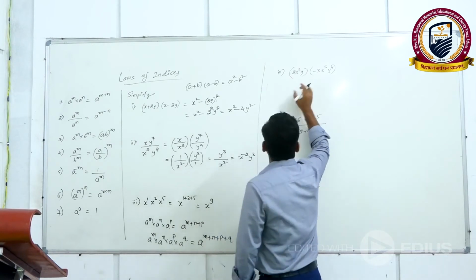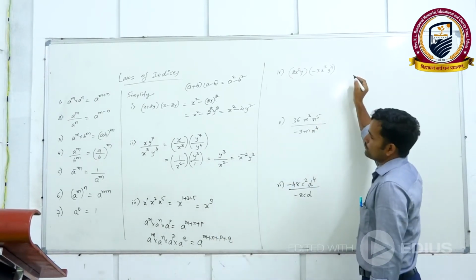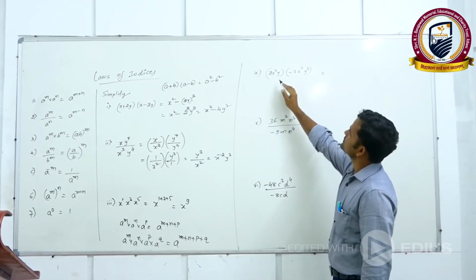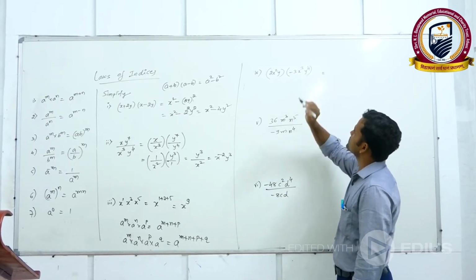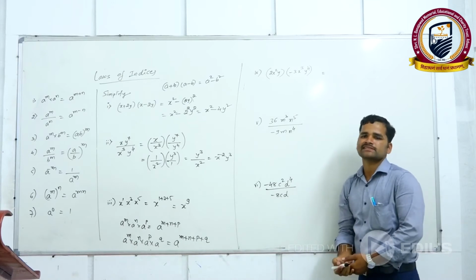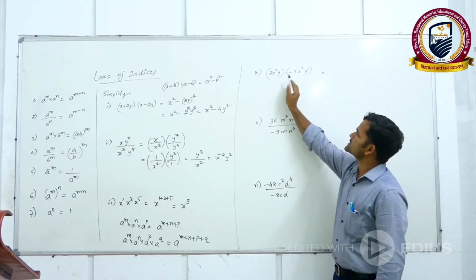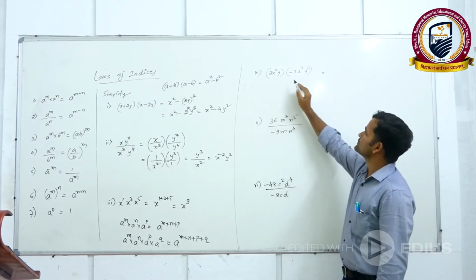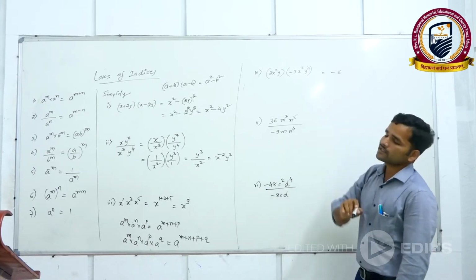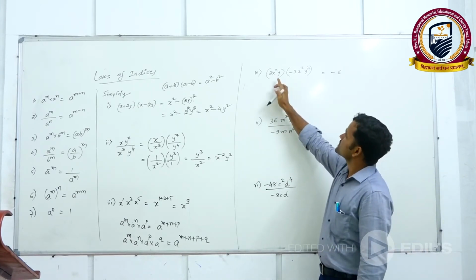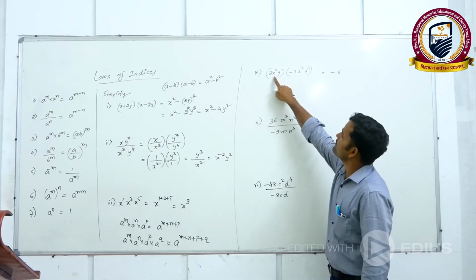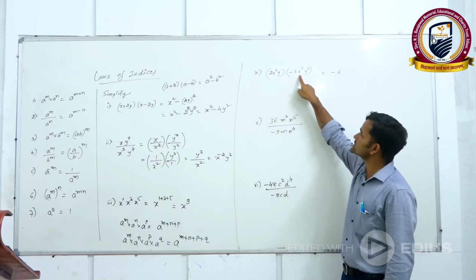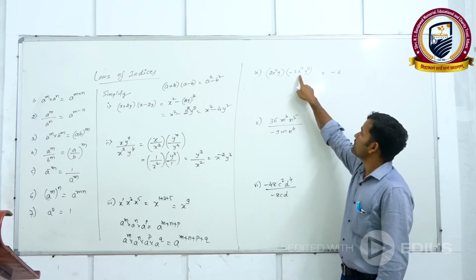Coming to the fourth problem here, 2x square into y, this is multiplied with minus 3x cube into y raised to 4. As multiplication is there, I can multiply these constant values directly. 2 into minus 3 is nothing but minus 6, and these like terms we can multiply. Like terms, you see, x square, base is x; x cube, base is x here.